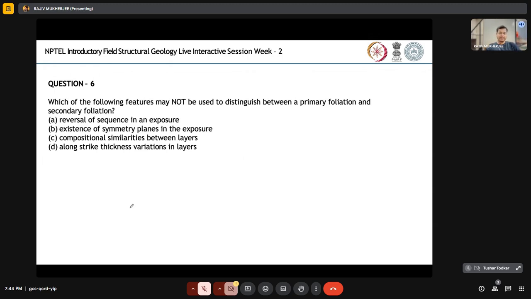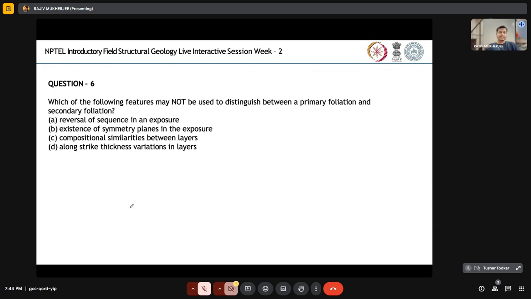You can definitely figure out that if a fault has happened, then obviously the fault plane is a secondary foliation plane, a secondary structure, although it is not penetrative, but it obviously is a secondary structure that happened due to deformation. Then you can mark that as a later stage phenomenon other than the deposition of the initial sedimentary sequence.